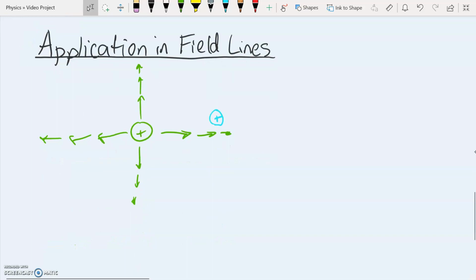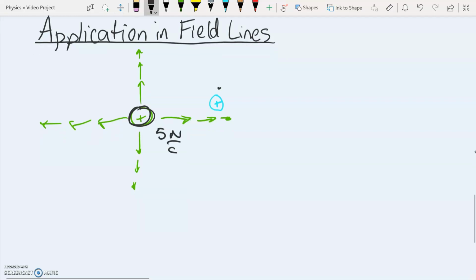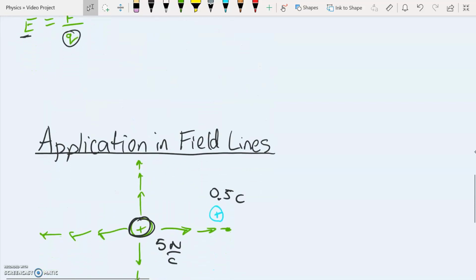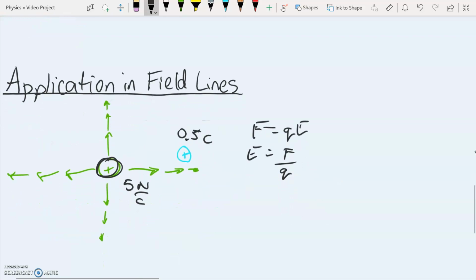And in field lines, for example, if we know that this charge here exerts an electric field of 5 newtons per coulomb, and this point charge is 0.5 coulombs, we can use this equation, F equals QE, or E equals F over Q, to determine the force between these two.